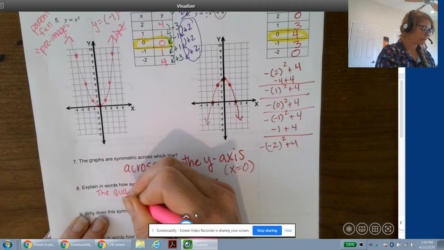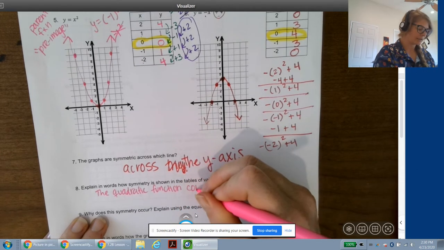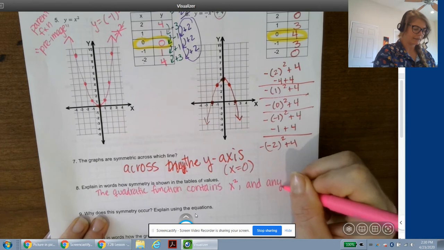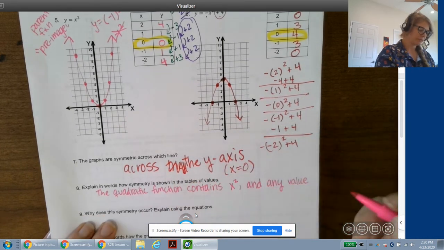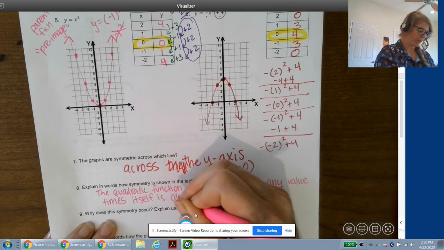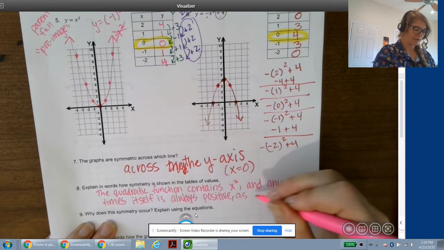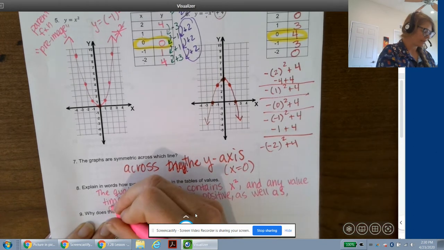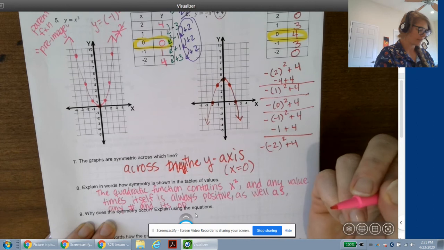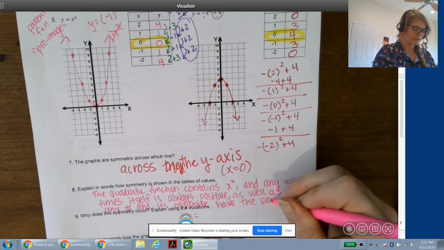The quadratic function contains x squared and any value times itself is always positive, as well as any number and its opposite have the same square value.